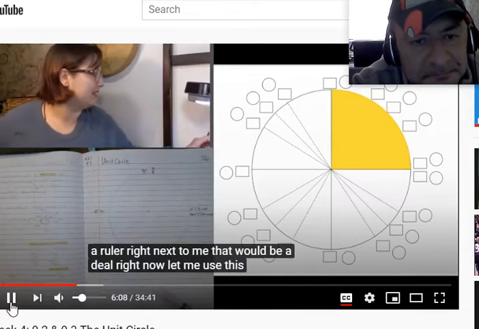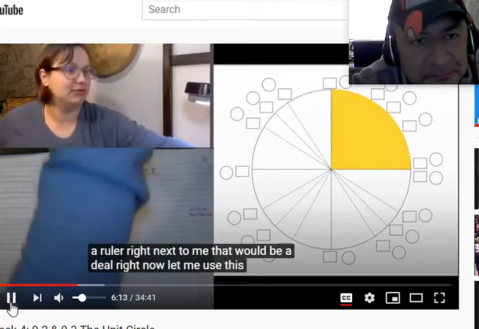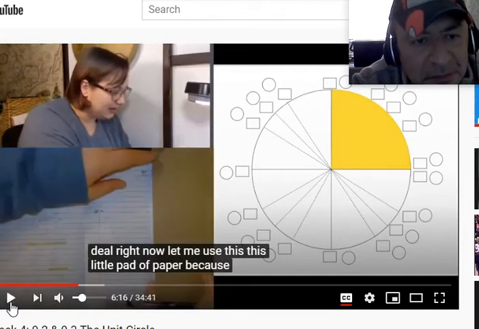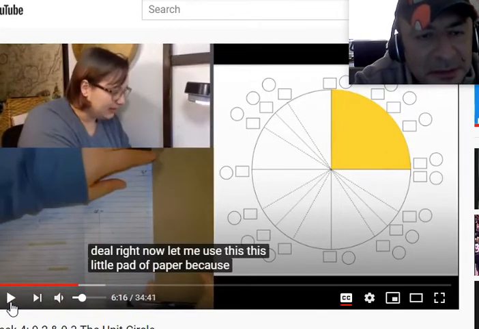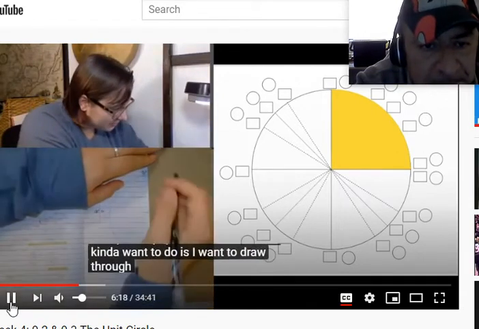Let me use this little pad of paper, because what I want to do is draw through the plus.